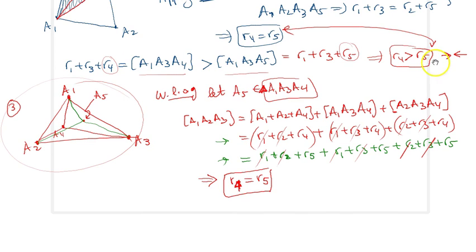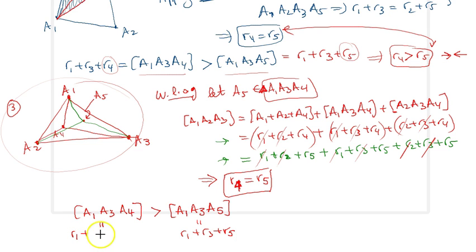So for example, like we did previously, you can simply consider the area of triangle A1, A3, A4. Obviously the area here is strictly greater than the area of A1, A3, A5. But wait a second, we know that this one here is simply R1 plus R3 plus R5, whereas the left hand side is simply R1 plus R3 plus R4.